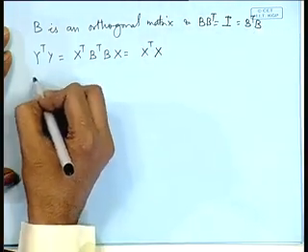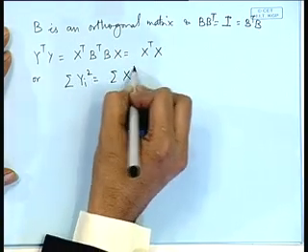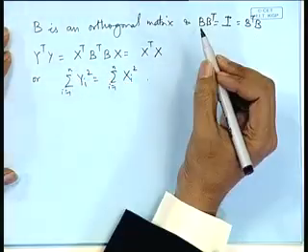That means sigma of yi square is equal to sigma of xi square, i equal to 1 to n. That means the original sum of squares is equivalent to the new sum of squares.